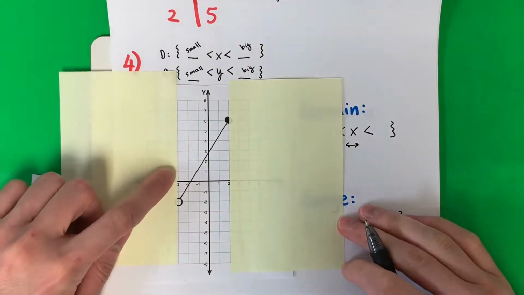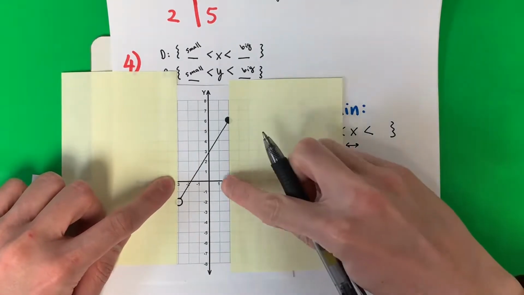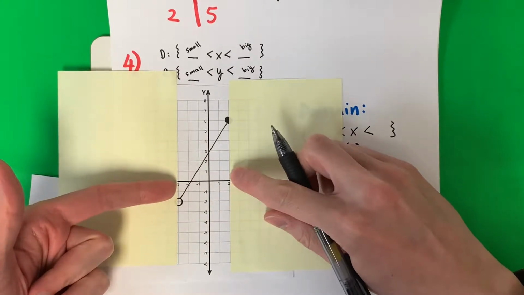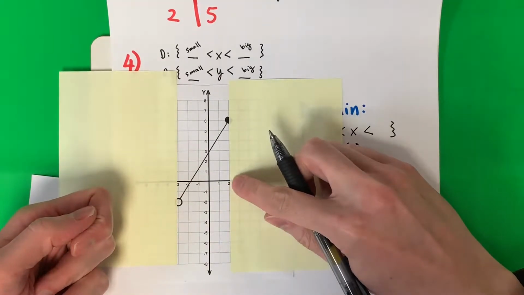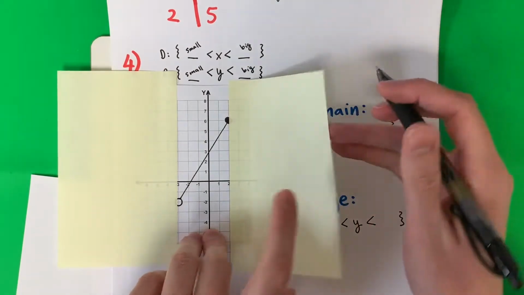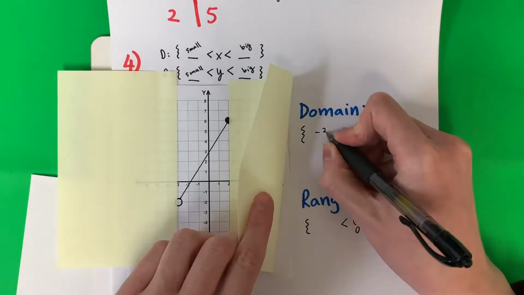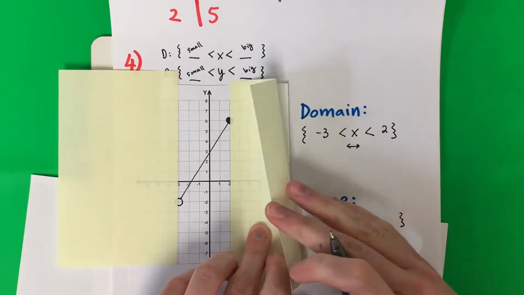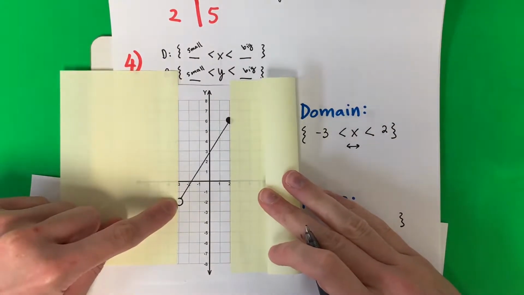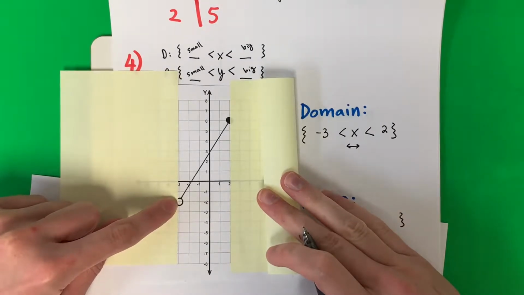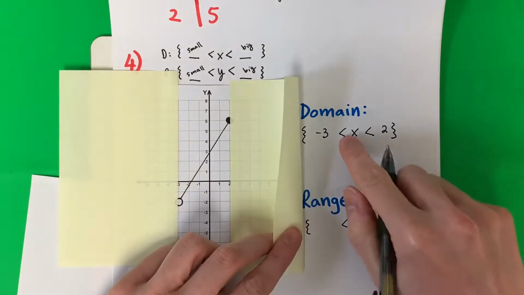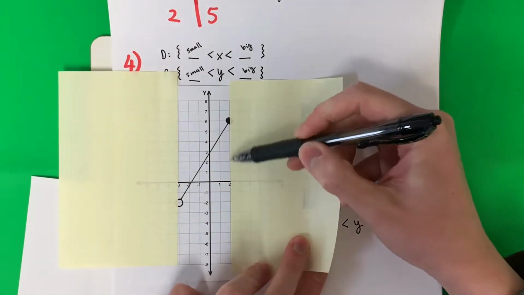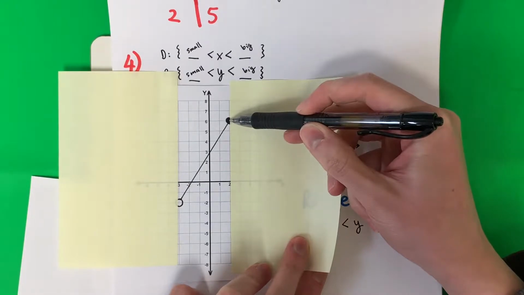So my smallest number is -3, and my biggest number is 2. Remember, X is left, I need the number on the left, and X is right, so I need the number on the right. So I'm going to put -3 on the left and 2 on the right. Now, at -3, there is no color in the circle. No color means no line down. Here, yes, there's color.